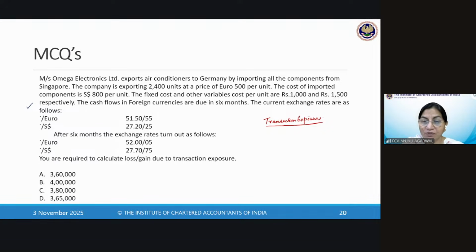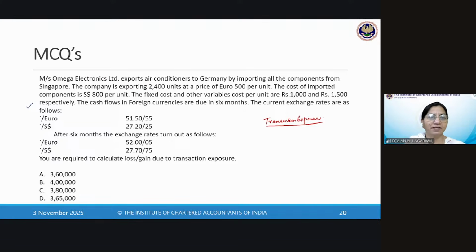All your closing items, which are near cash equivalent, are taken at closing rates. You're translating financial statements into a different currency, because of which you may gain or lose. That's a translation exposure. Then you are operating in certain countries. That's an operating exposure. So here we'll talk about transaction exposure only.